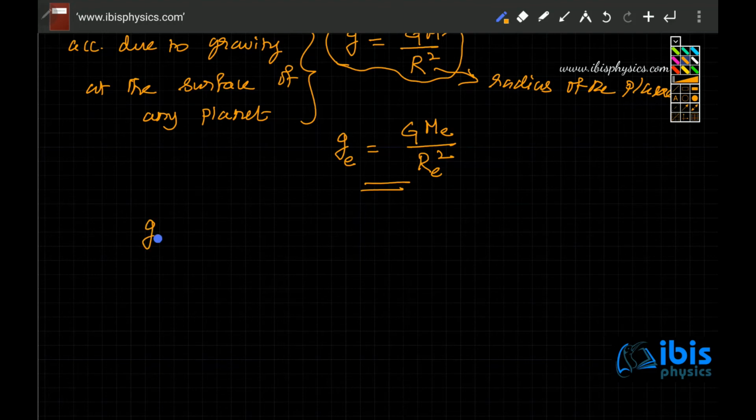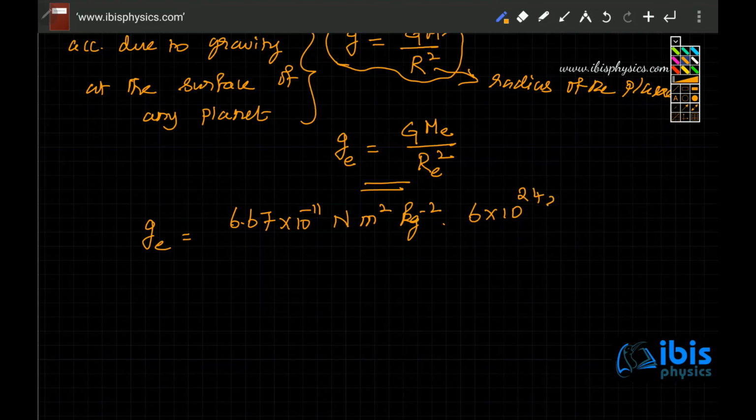So gravity on Earth is G times mass of the Earth by radius of the Earth square. We already knew that the value of G is 6.67 into 10 power minus 11 Newton meter square per kilogram square, and mass of the Earth is 6 times 10 power 24 kilogram, divided by radius of the Earth.